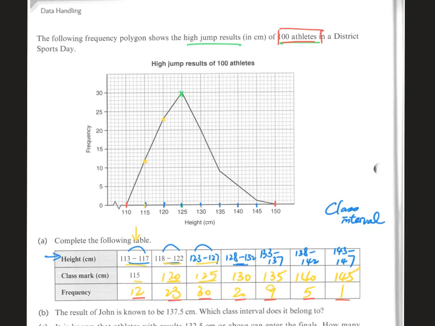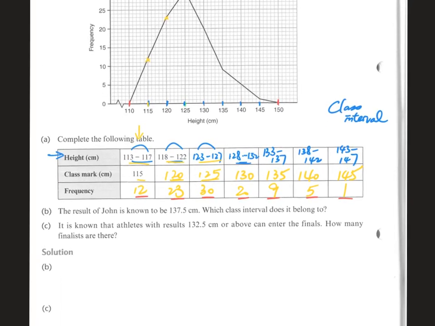And then after you get the information from the table, you can go ahead to answer part B and part C. Now you see that John's result is known to be 137.5, and you're asked which class interval it belongs to. It's a very easy question because 137.5 is right between the second and the third last group, but because of rounding off, it should belong to the second last group.